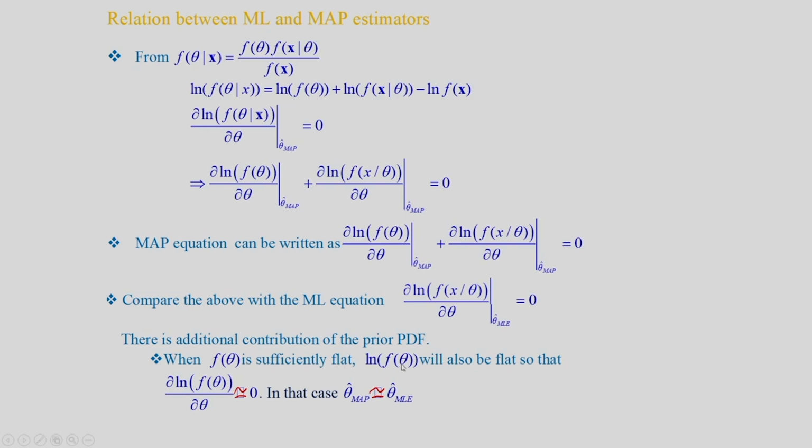In that case log of f(theta) will also be flat, so its slope will also be nearly 0, and theta hat MAP will equal theta hat MLE. That means if the parameter has more uncertainty, theta hat MAP will be closer to theta hat MLE.